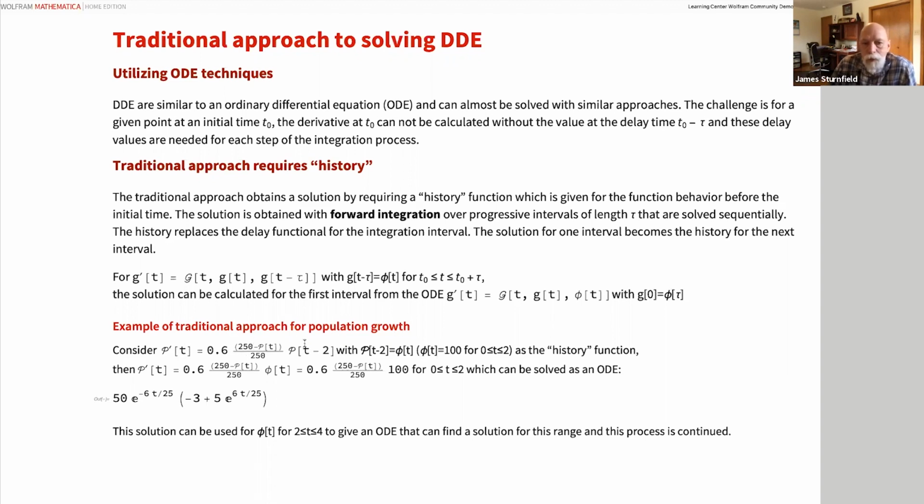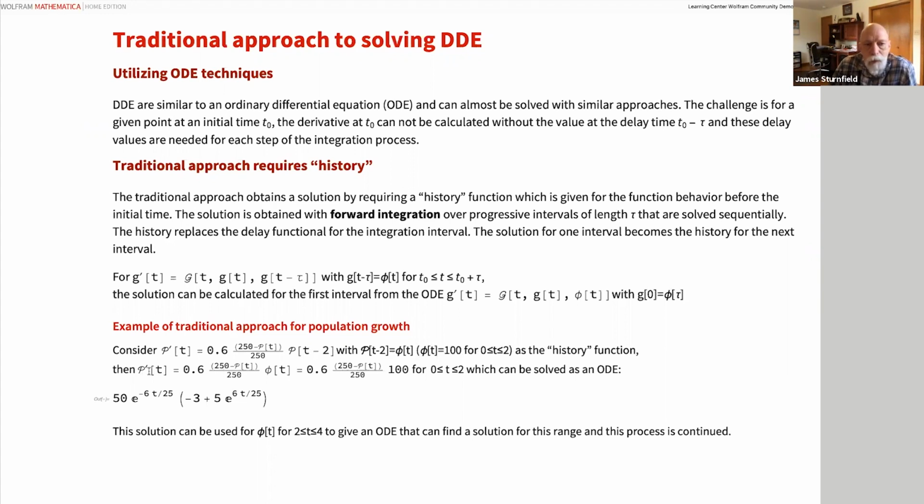If we start with this equation, put in, say, some initial condition of 100 people population before the initial condition, then basically we're putting in a function that's defined for the range from 0 to 2, that initial time step of 100.